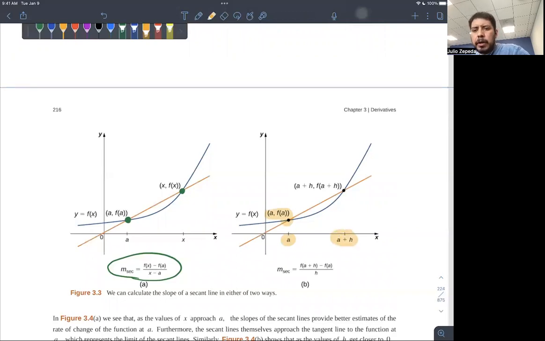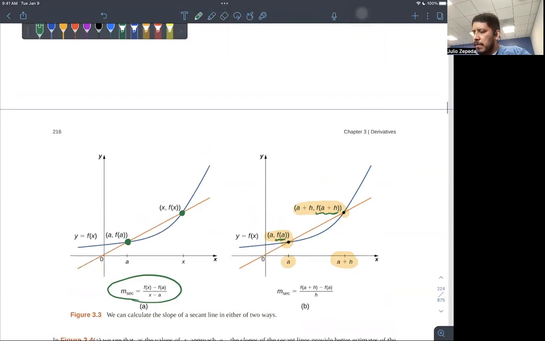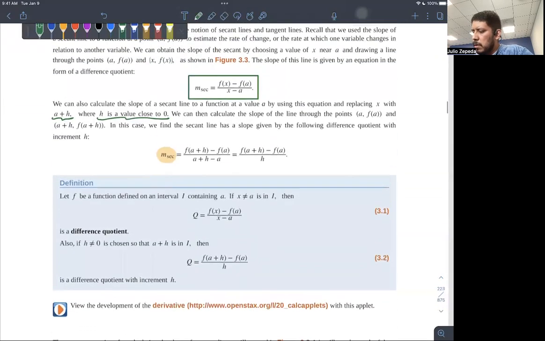A plus a little bit more. h is a value close to 0, so it's just a little bit more than a. And so the coordinates of that point are going to be a plus h, and then f of a plus h. The slope of the line through those 2 points is found by this y value minus that y value, f(a+h) minus f(a).